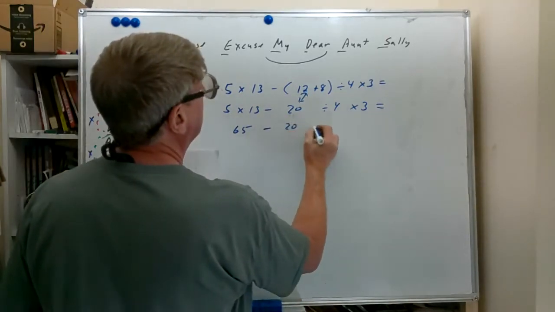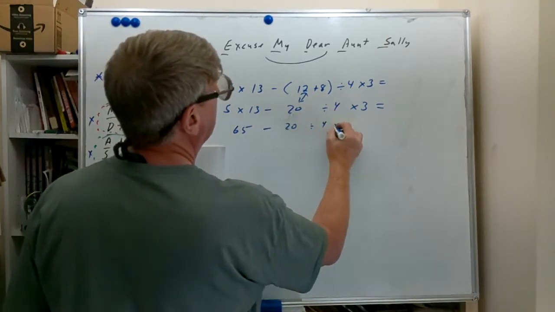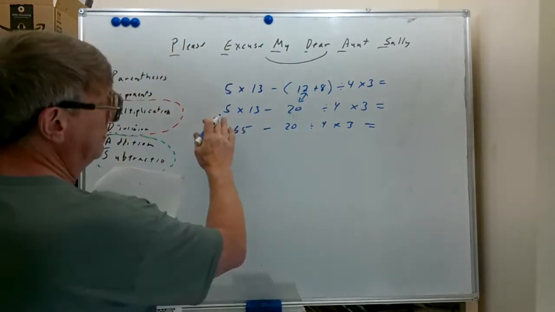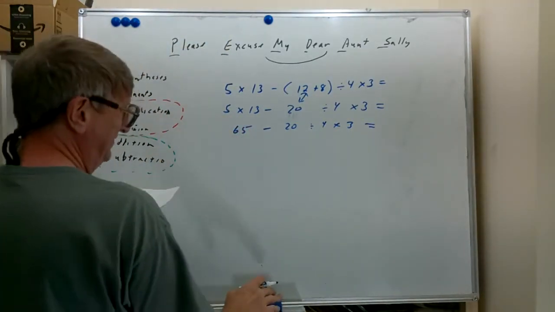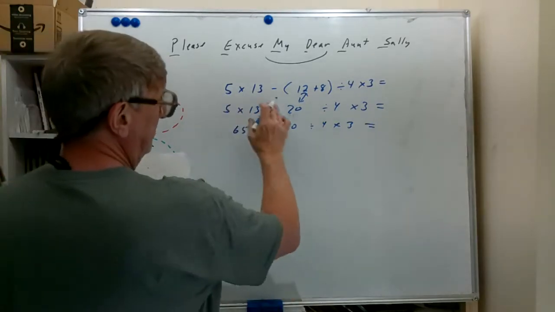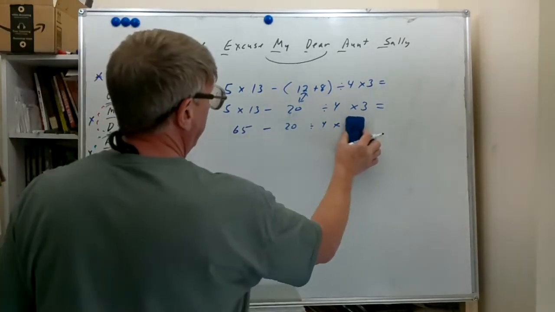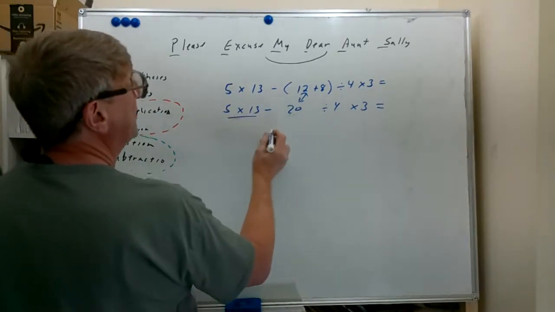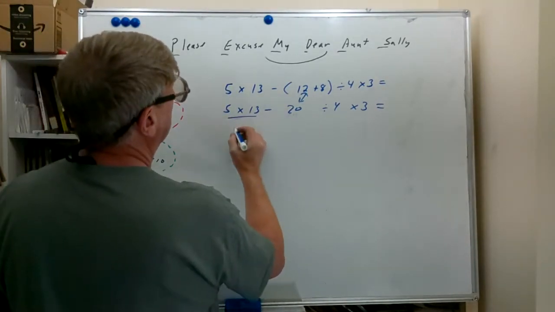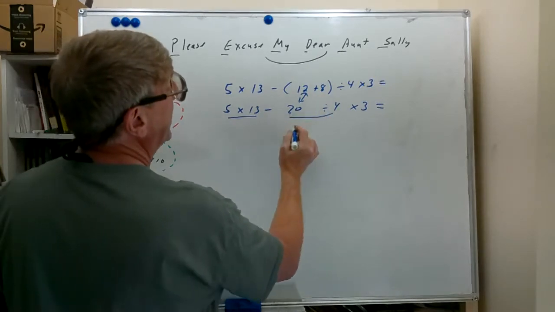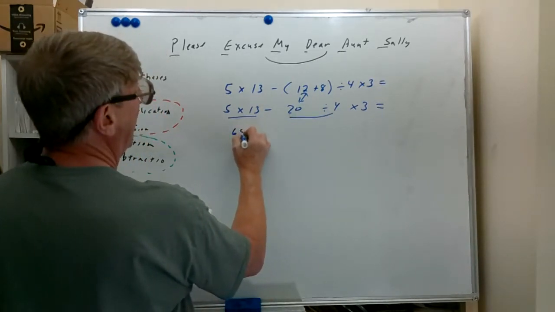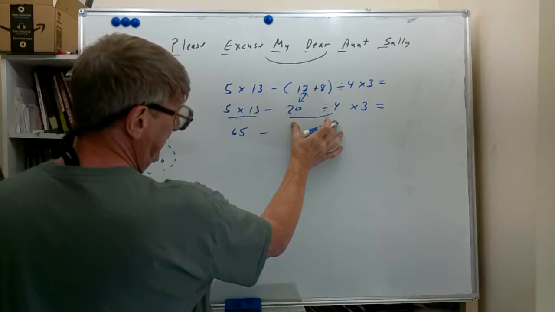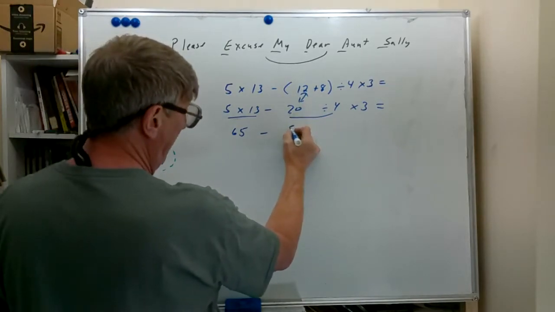Minus 20 divided by 4 times 3. I guess I'm going to do them left to right. 5 times 13, we do that on the first pass, which gives us 65 minus 20 divided by 4 times 3, and this division gives us 65 minus 5 times 3.